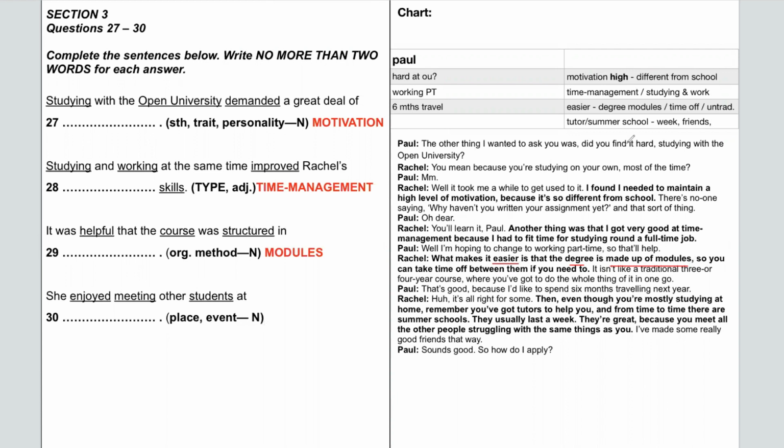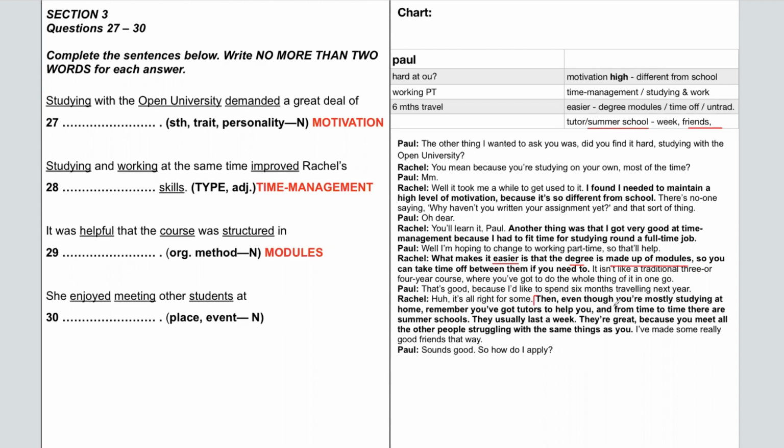or an event. And here we were talking about summer school because she mentioned that she went to summer school and was able to make friends this way. So here in this case, friends is a synonym for students. And obviously, if she made friends, she was meeting people. Let's go ahead here and look at the statement.